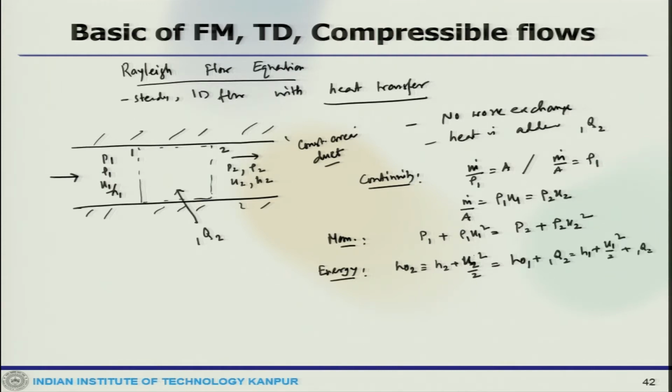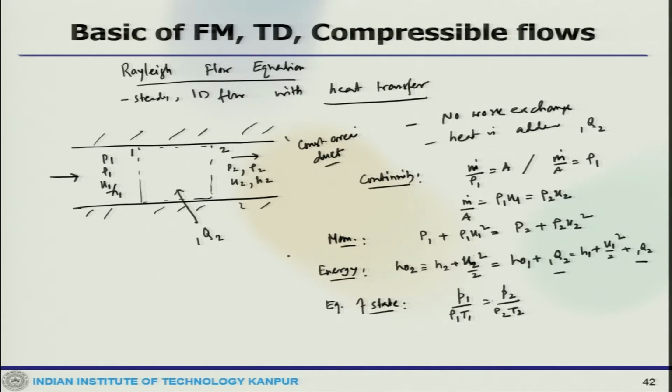So, this is the portion of the added heat which shows up here, and the last equation, the equation of state, gives P1 by rho 1 T1 equals P2 by rho 2 T2.